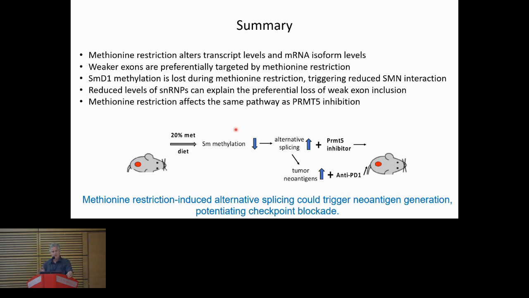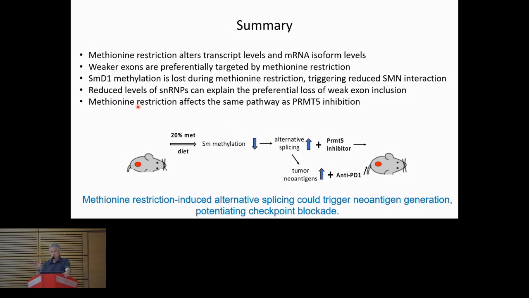So what we believe is happening is that you have a reduction in SNRP assembly and a reduction in the effective concentration of SNRPs, and therefore lower splicing efficiency. And therefore, the weaker exons are the first ones to go. And we believe that the methionine restriction is within the same pathway of PRMT5.